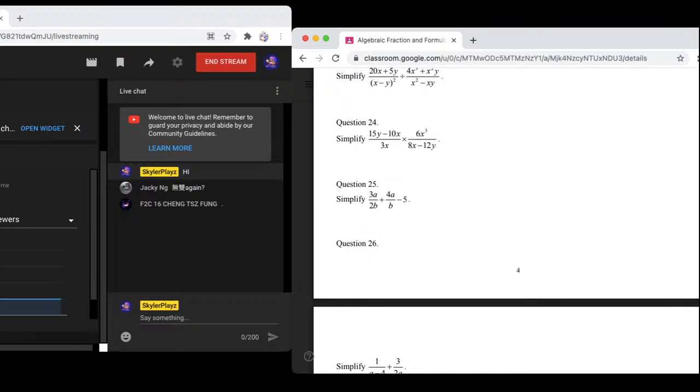(15y minus 10x) over 3x, times 6x cubed over (8x minus 12y). Do factorization. Factor out 5, so 5 times (3y minus 2x), 3x no change, 6x cubed no change.